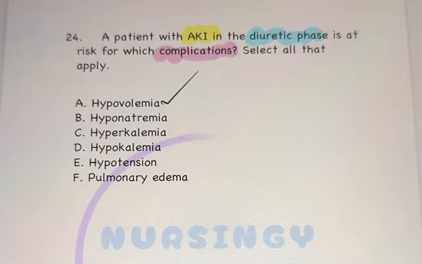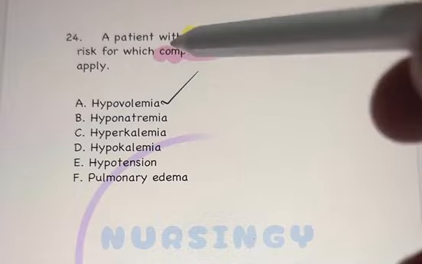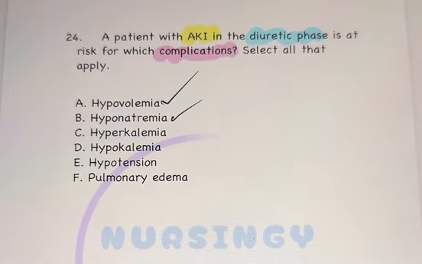Where sodium goes, fluid goes, and the kidney does that too, so they are excreted in the same way. If there is hypovolemia, sodium is also being excreted with water. What about hyperkalemia? Are we going to see hyperkalemia or hypokalemia?